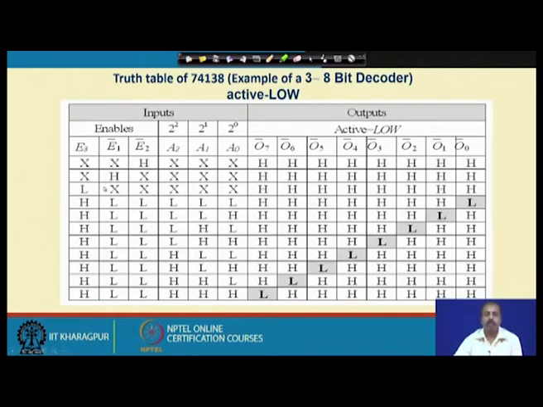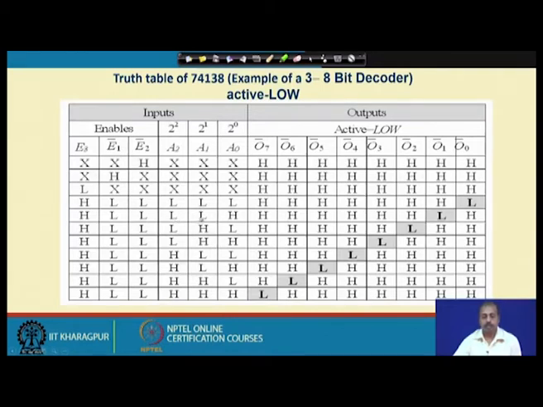So, there is no priority between E1, E2, E3. For correct operation of the circuit, E3 should be high, E1 should be low and E2 should be low. Once I have put these values, for the rest of the bits A0, A1, A2, if all of them are low, then O0 bar will be low and the rest will be high.